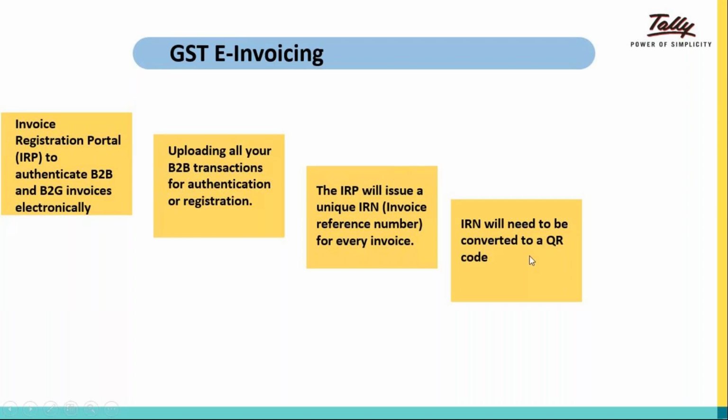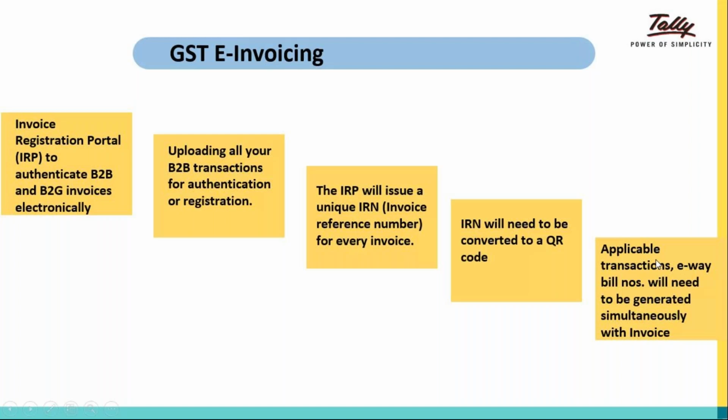And if applicable, an e-way bill will also need to be generated simultaneously with the invoice. That means if your B2B invoice also involves an e-way bill, then you can generate your e-invoice as well as your e-way bill simultaneously.